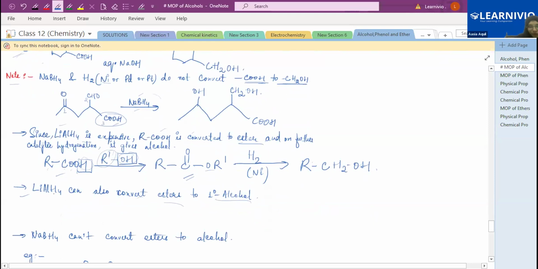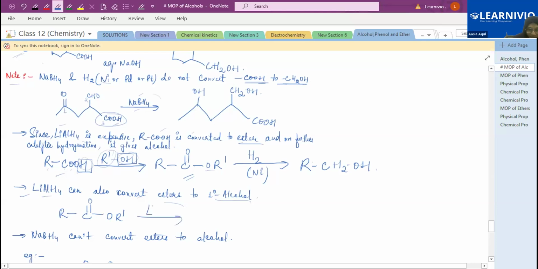So suppose you take the ester R C O O R dash. This COO group is known as the ester group. The R group is an alkyl group, and another alkyl group, R dash, is attached over here.